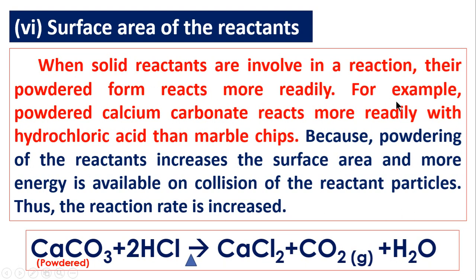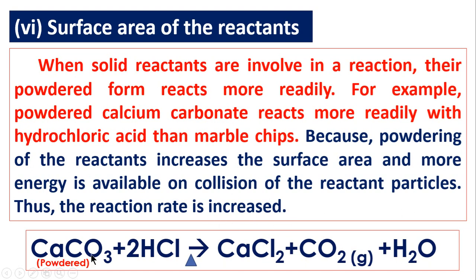For example, powdered calcium carbonate reacts more readily with hydrochloric acid than marble chips because powdering of the reactants increases the surface area and more energy is available on the collision of the reactant particles. Thus, the rate of the chemical reaction is increased.